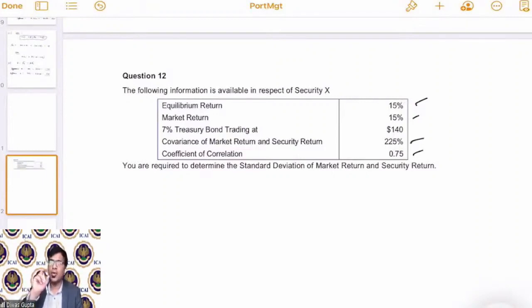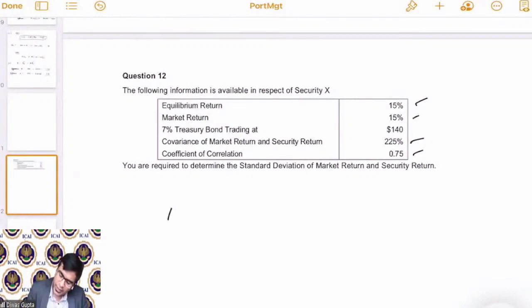Using the covariance and correlation coefficient formula, we can calculate the market standard deviation or security standard deviation, whichever is required. But where is the logic? How can I arrive at either the standard deviation of the market or of the security?